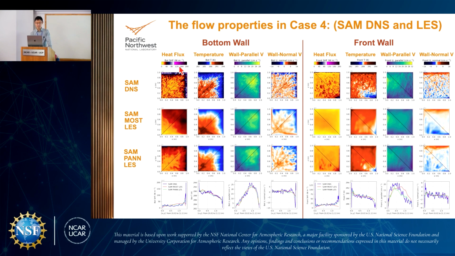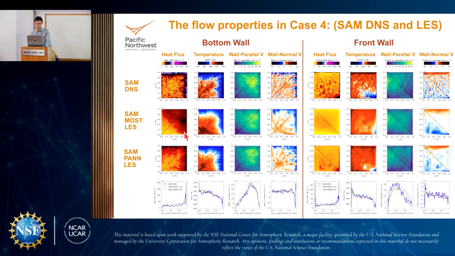The first column shows the heat flux, then temperature, wall parallel velocity, and wall normal velocity. If we look at the heat flux, MOST's wall flux distribution doesn't look very close to the distribution in DNS. But in the physics-aware neural network wall model, the distribution looks much closer to DNS.